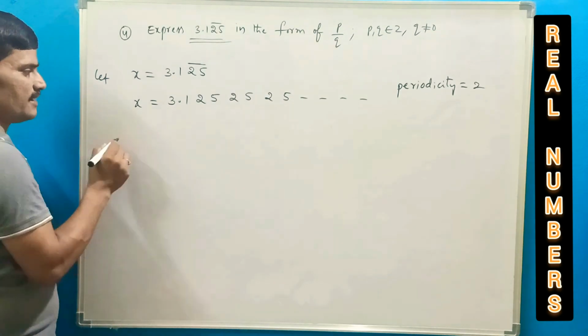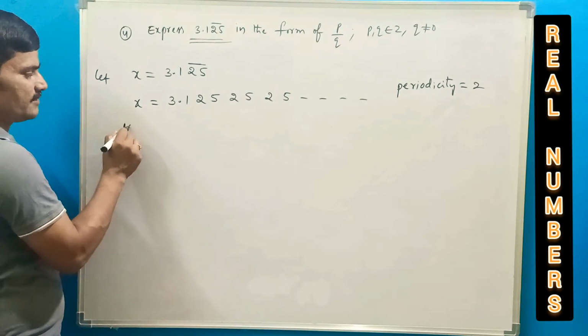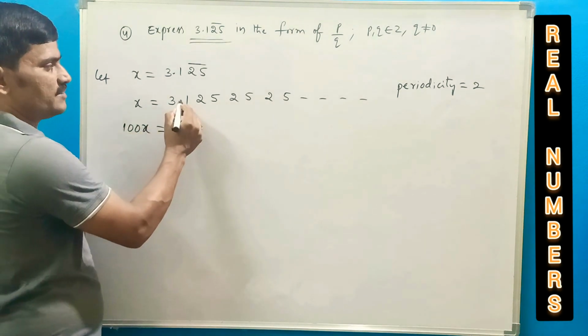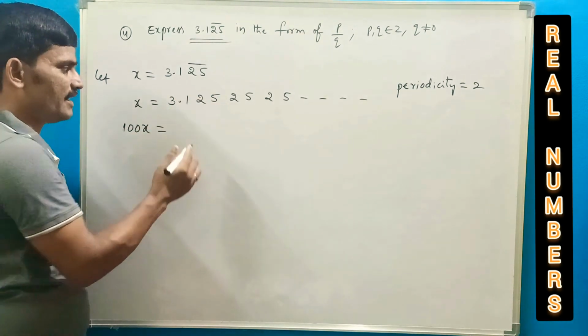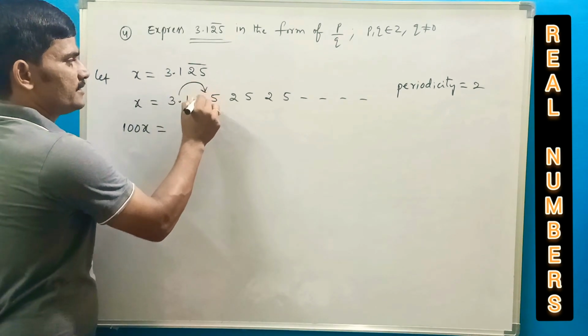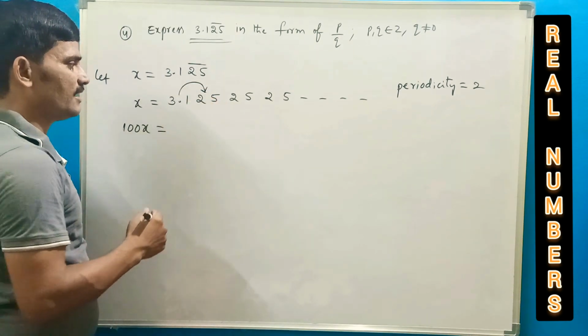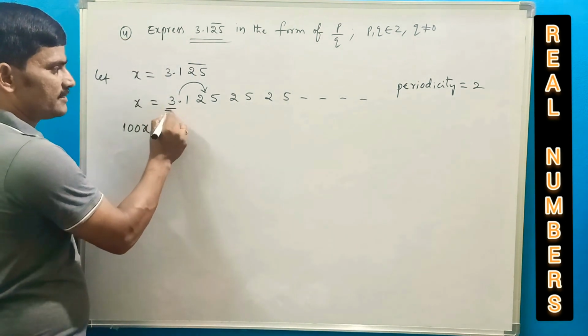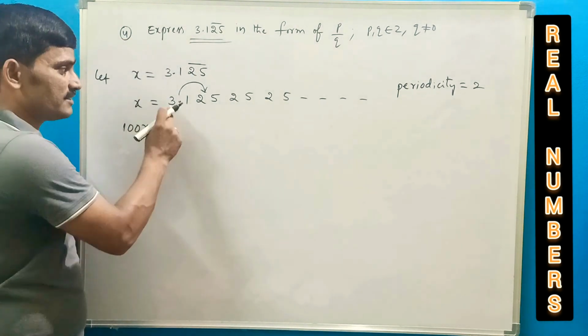Let us multiply by 100 on both sides. 100 into x, 100x. If you multiply a decimal number by 100, the decimal point shifts 2 places towards the right side. That means the value increases. Here the whole part is 3, it becomes 312.